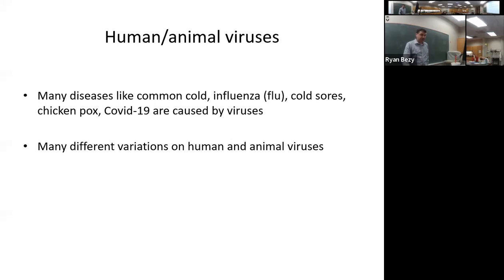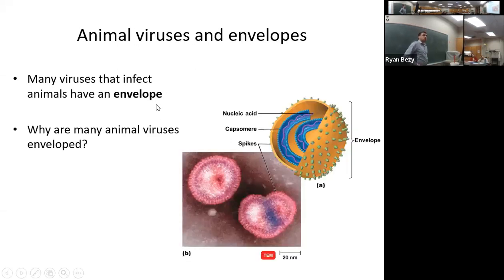And there are some common themes when it comes to human and animal viruses. Most viruses that infect animals are actually enveloped. Not all of them, but many of them are enveloped. Animal viruses in particular tend to be enveloped.